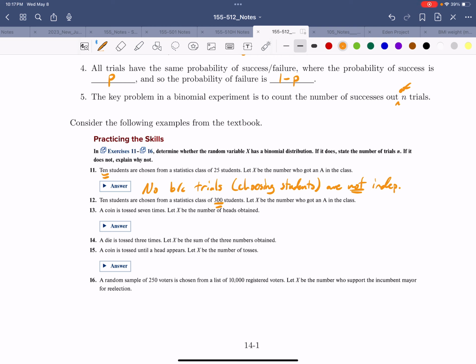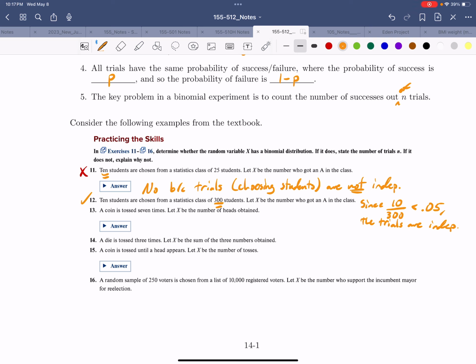So since 10 out of 300, which is 1 out of 30, is less than 0.05, the trials are considered independent. Again, technically they're not, but effectively they are. So, yes, this one's okay. This one wasn't. I'll make this one an X, and this one's okay.